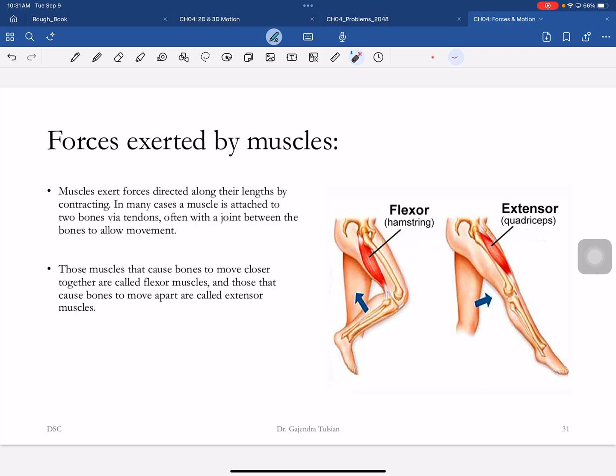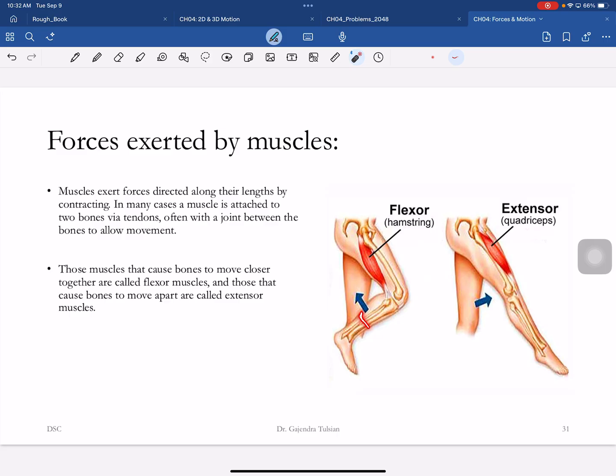So you have flexor and extensor muscles. What flexors do is, this muscle is joined to that bone and to this bone, and you'll have joints in between. So when this contracts, it'll pull on this and it brings these bones together. So that's a flexor muscle.